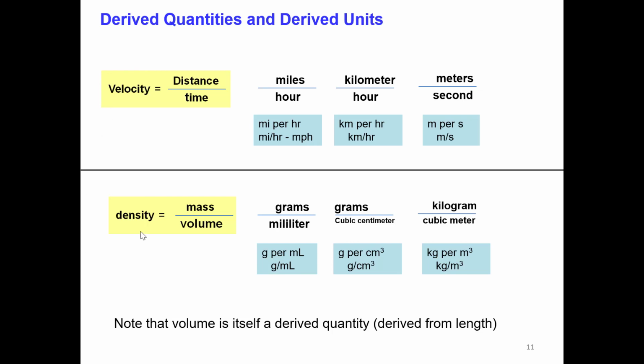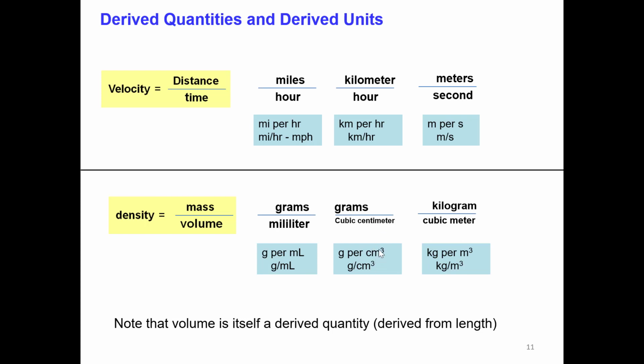Another example is the density. Density is mass over volume. We know mass is a fundamental quantity, but volume is itself a derived quantity, as we already discussed. Then the derived units for density can be grams per milliliter, grams per cubic centimeter.